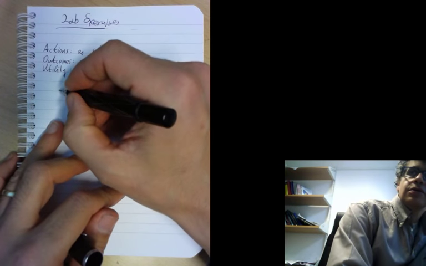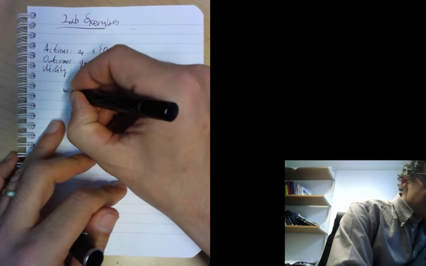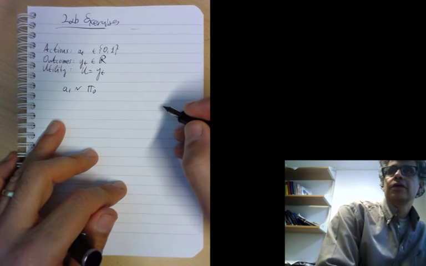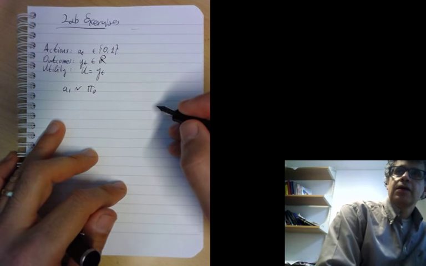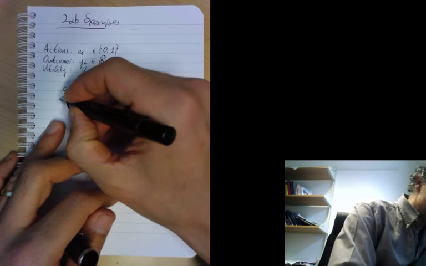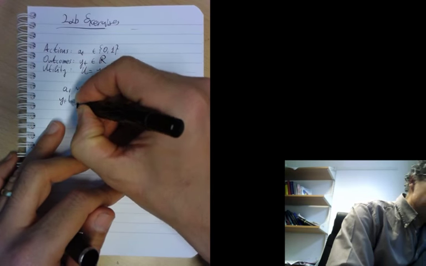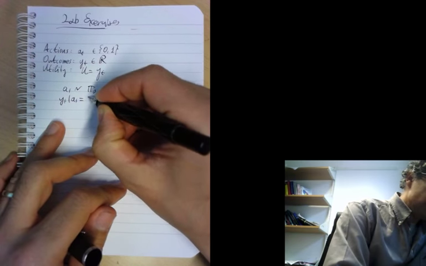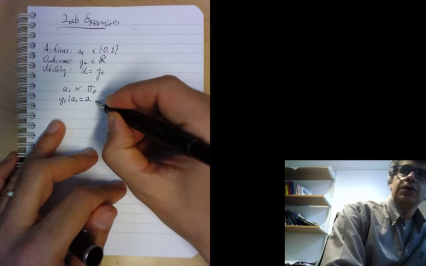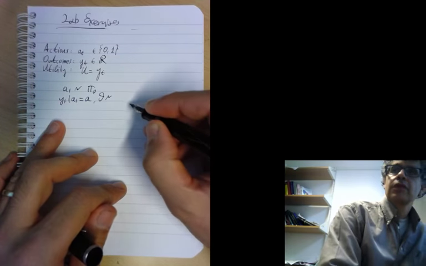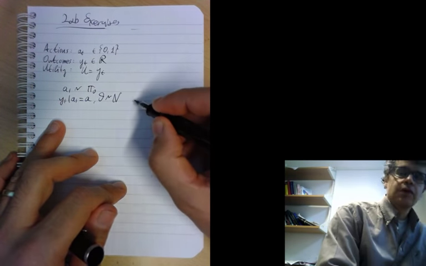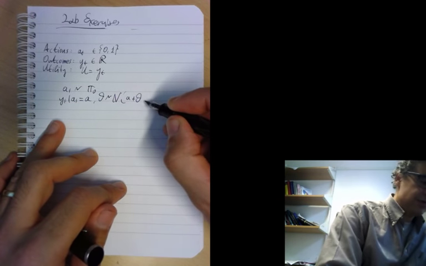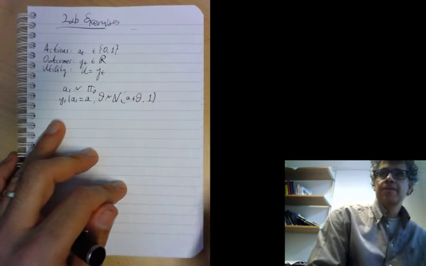So that A_t is sampled from some policy pi 0 in a random way, and that y_t, given the value of A_t, is drawn from some normal distribution with parameter A plus theta, and variance 1.